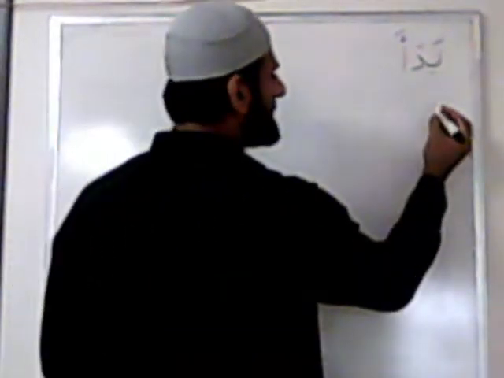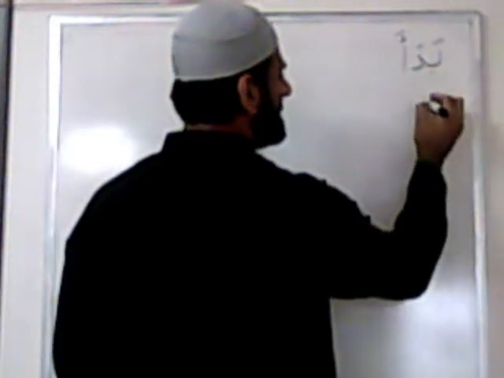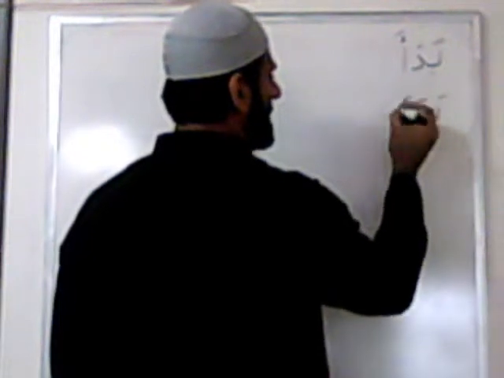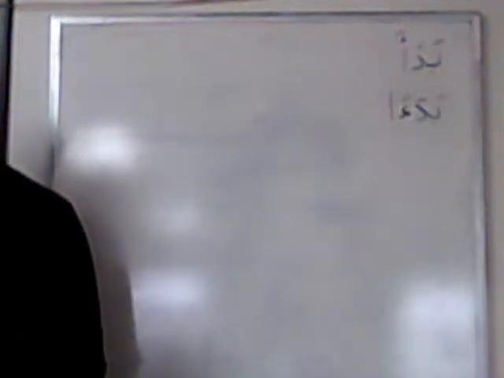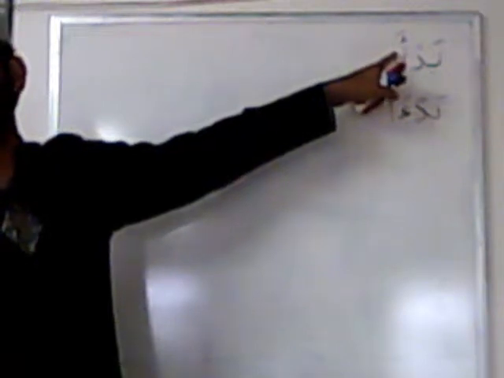So two of them created. Bada'a. What you're going to do in this case is make the regular hamza, because you cannot have two alifs together in a row. Basically this is a hamza, not an alif, but it's sitting on an alif in the spelling.